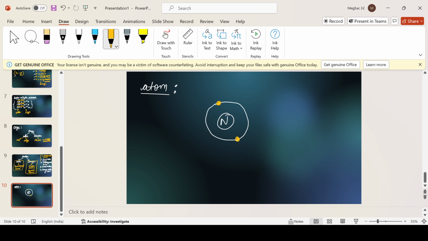These electrons are negatively charged, and the nucleus consists of protons plus neutrons. Proton has positive charge, neutron has no charge. Neutron is neutral. So from here we got to know one thing.